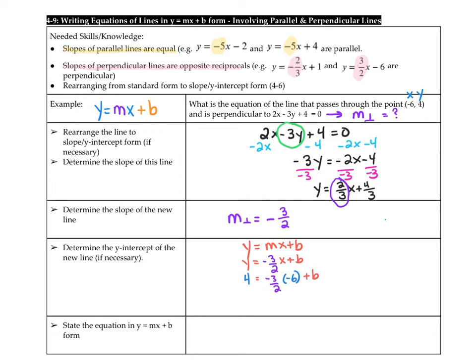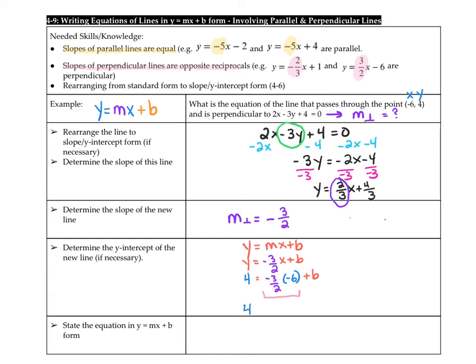And now we have to multiply these two things. So -3/2 times -6. -3 times -6 is 18, and then divided by 2 is 9.